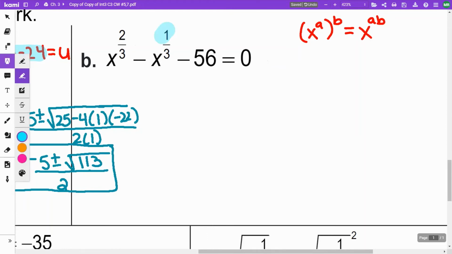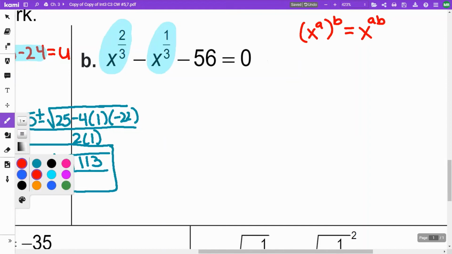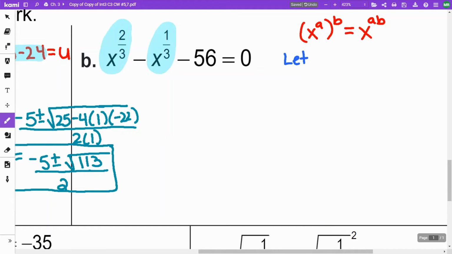So what we notice here is we have an x to the 1/3 and we have an x to the 2/3. What I'm going to do here is I am going to let u equal x to the 1/3, which is this right here. Okay. I'd rather have a u there than an x to the 1/3.